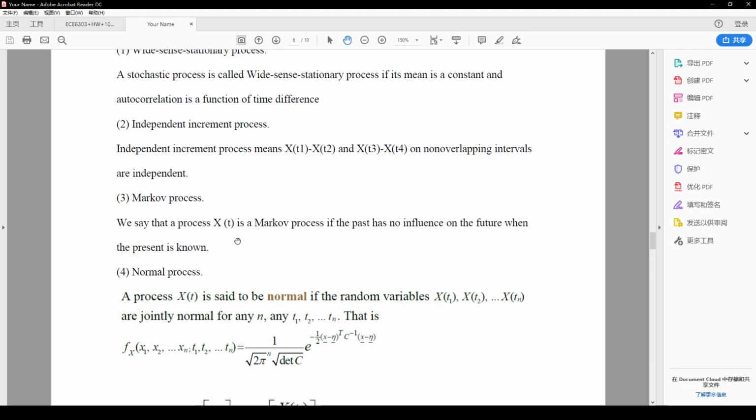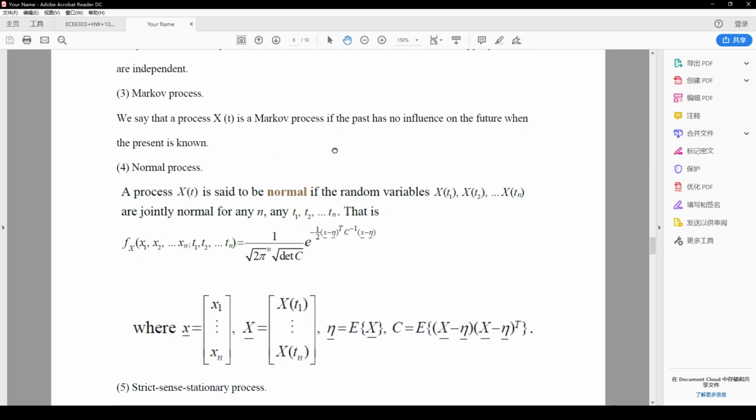And there are a lot of processes included in this class, like the Poisson process, the Poisson impulses process, the semi-random telegraph process, the random telegraph process, the random walk, and the Wiener process. These are all Markov processes, so it's really a common process.